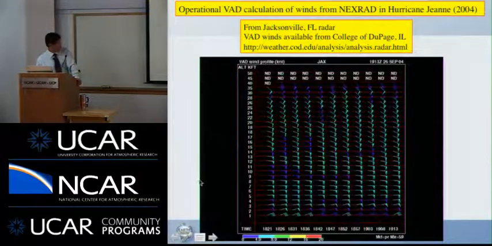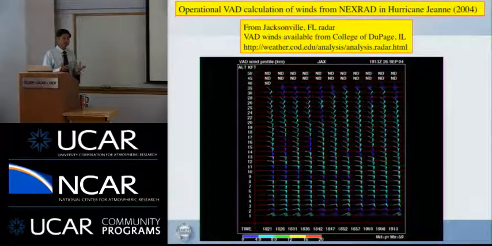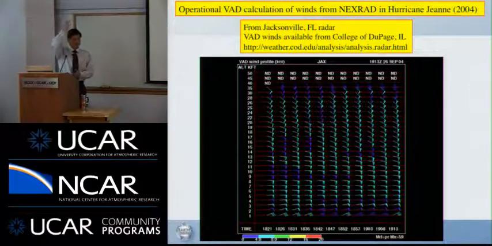So this is what I mentioned earlier. At any NEXRAD site, you can find a VAD vertical wind profile with time. Basically, the VAD wind profile has been used to examine the evolution of the wind field on top of a radar site.